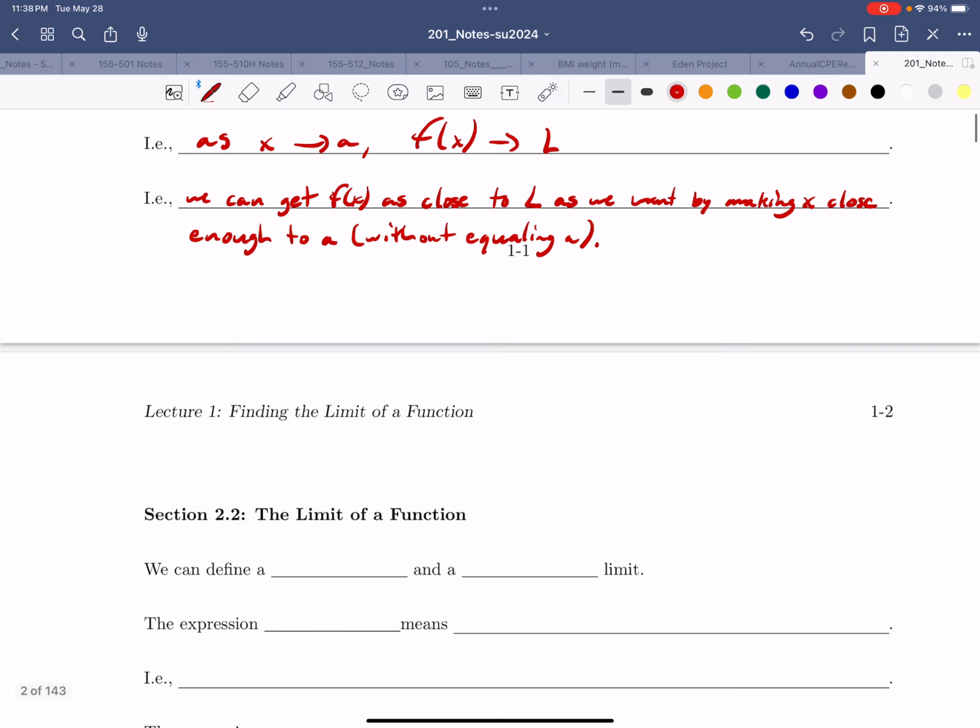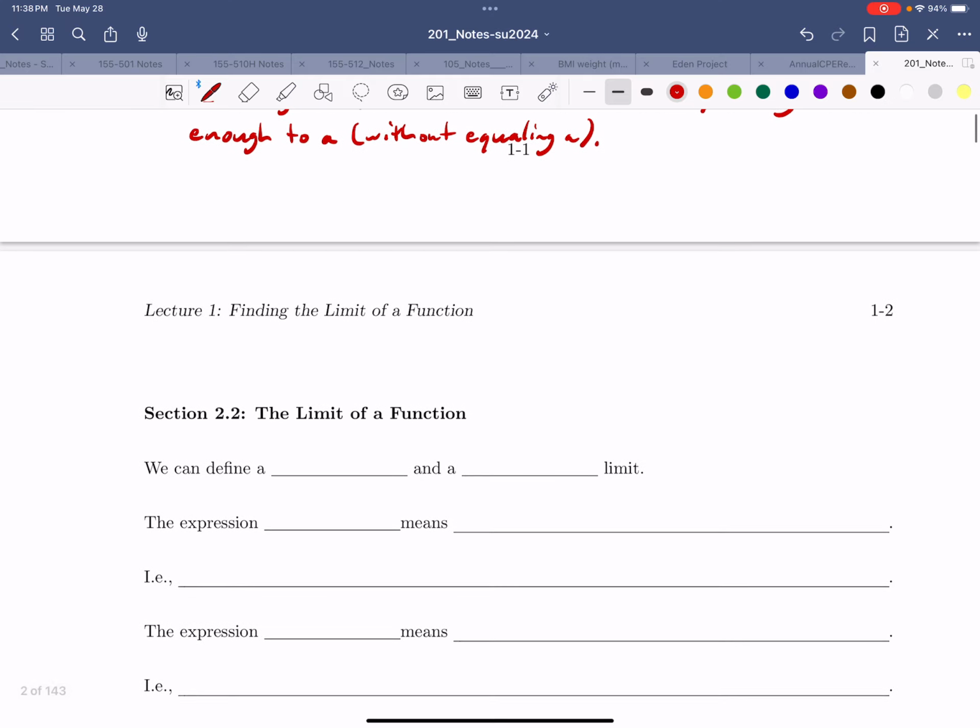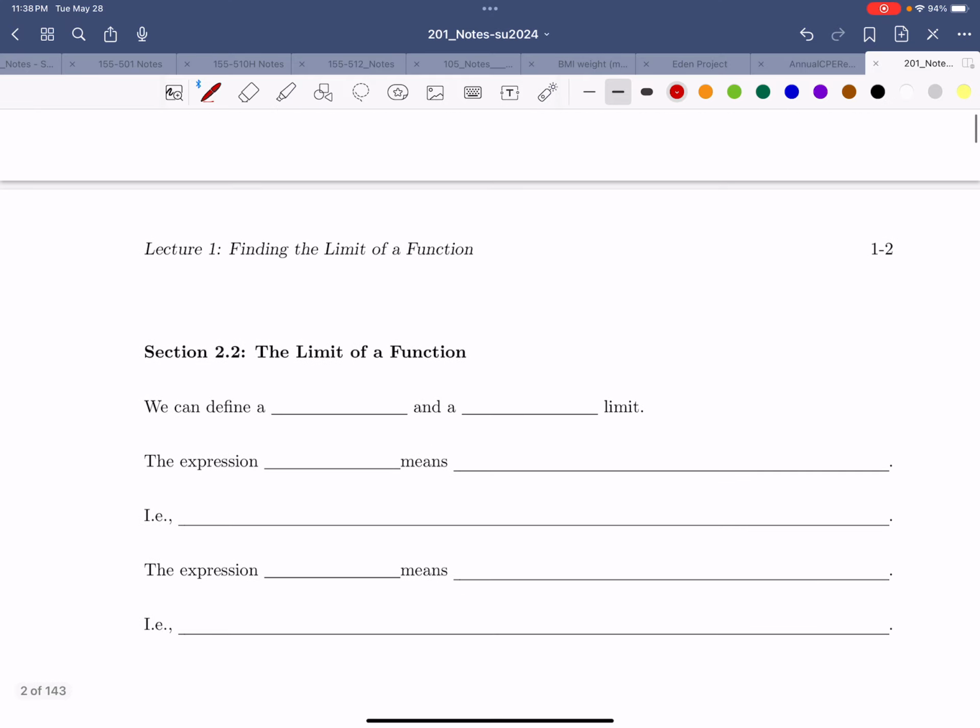And in order to really understand what this definition is, I have to give two little sub-definitions, and I promise you we'll get to examples. We can define a left-hand and a right-hand limit.